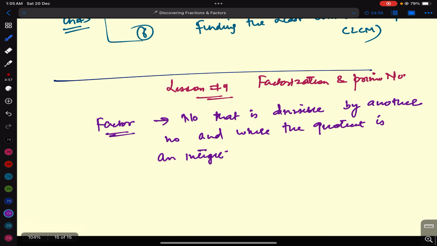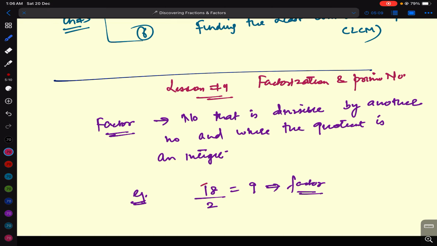For example, let's say 18 is divided by 2. What do we get? 9. So this 9 becomes your factor. Here we divided one number by another number, and the quotient that comes, which is an integer, becomes your factor.